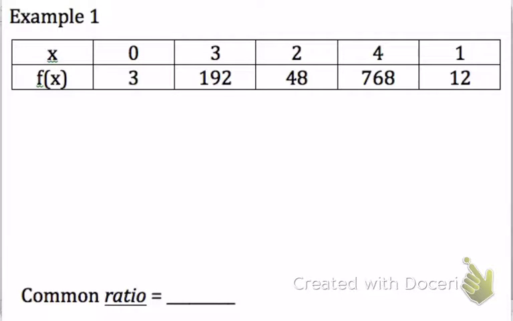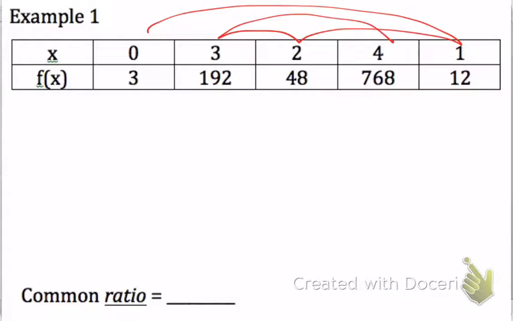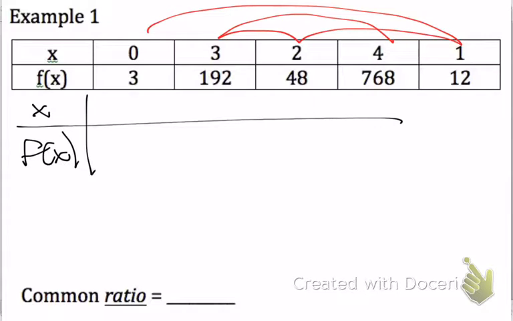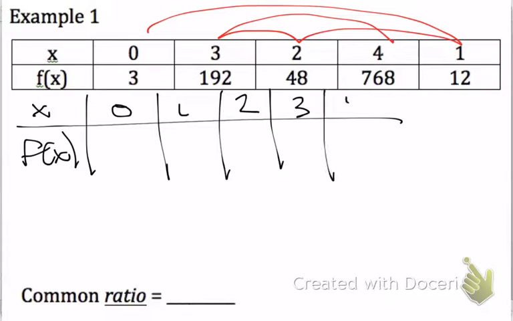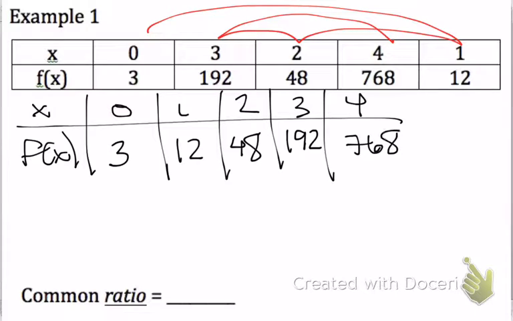So here, seeing that we go 0, 1, 2, 3, 4, similarly to the arithmetic one, we are going to recreate this table in order: 0, 1, 2, 3, 4, and we had a 3, 12, 48, 192, and 768.